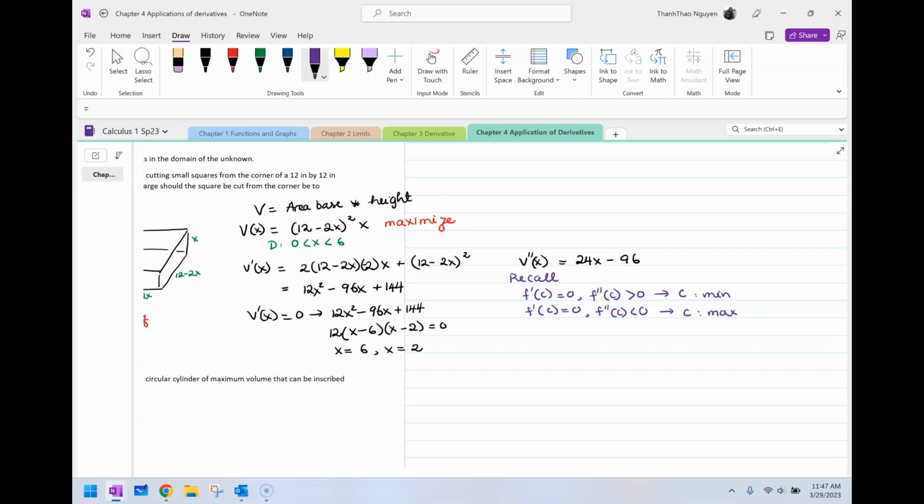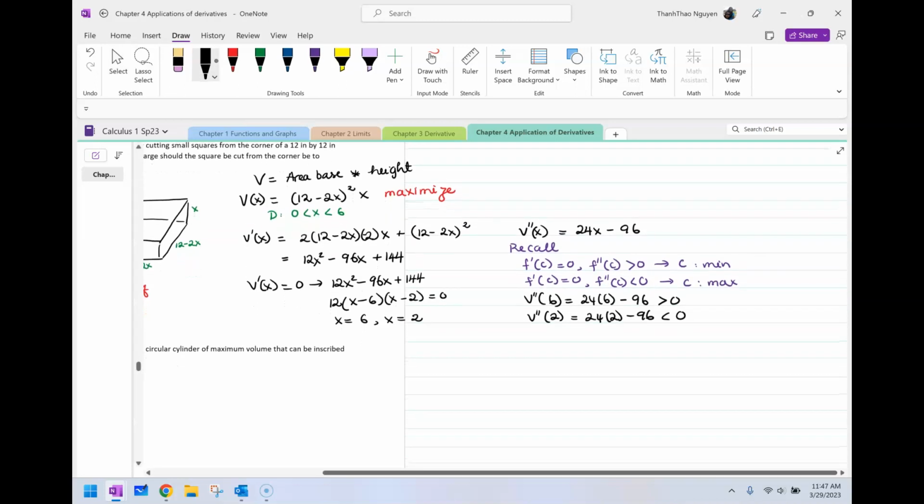So let's evaluate V double prime at x equals 6 and at x equals 2. V double prime of 6 equals 24 times 6 minus 96. This is greater than 0. V double prime of 2 equals 24 times 2 minus 96. This is less than 0.